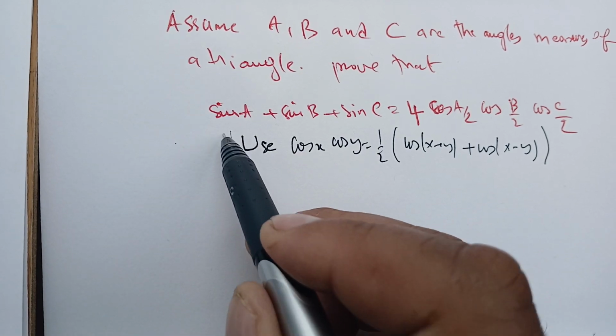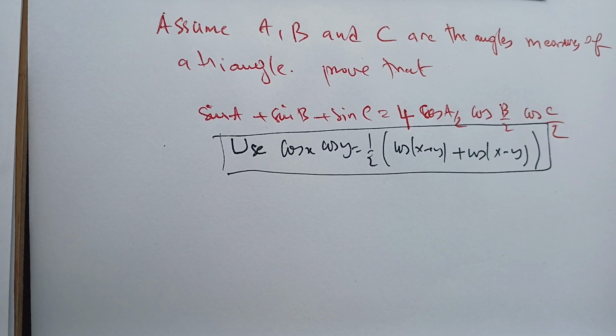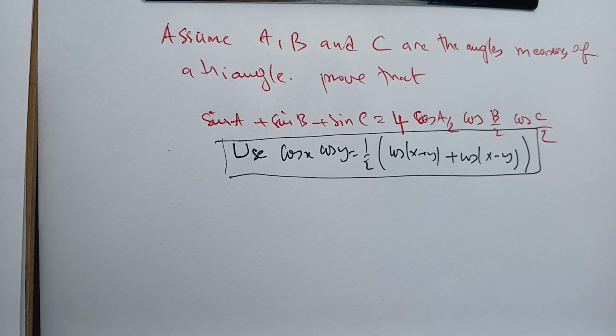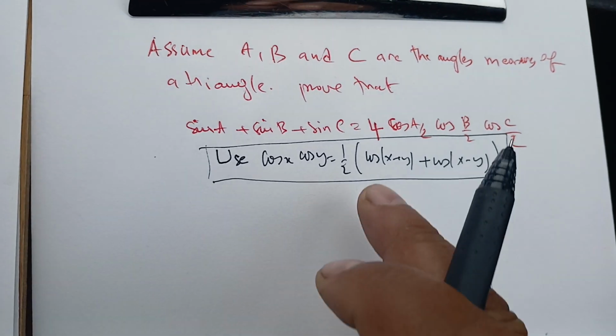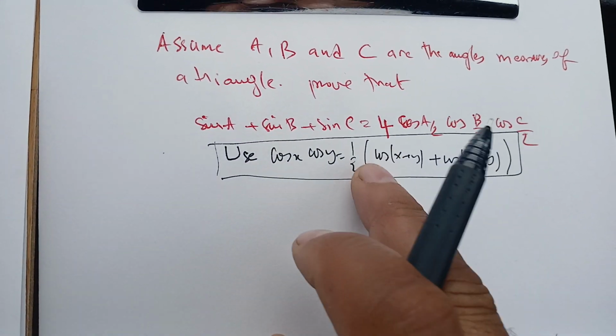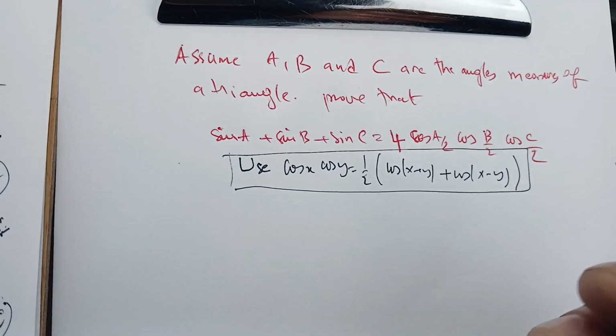So start from here and use the fact that the sum of the angles of the triangle is equal to pi. If we use this, we can solve this problem with some modification.